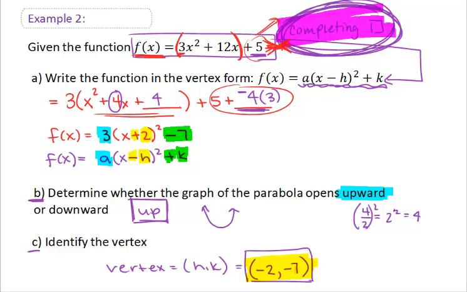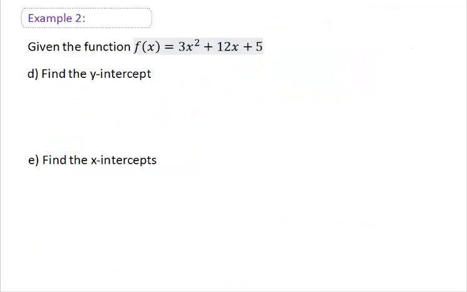So now that we know what our vertex is and what direction our graph opens, let's come up with some other details about this graph. So the other details that we need to come up with are the y-intercept and the x-intercept. Our y-intercept we find by plugging in 0, or letting our x value be 0.